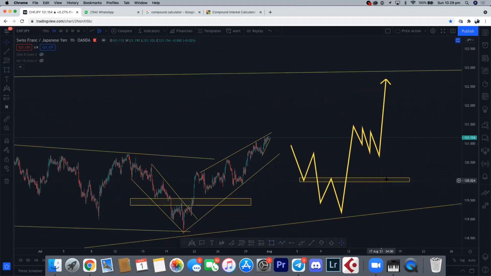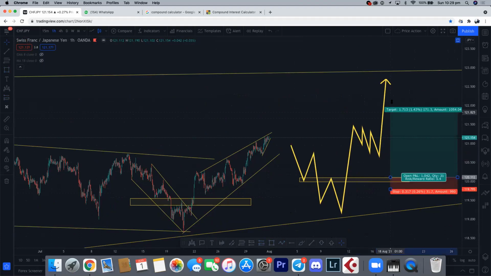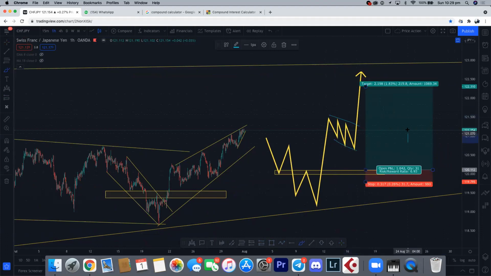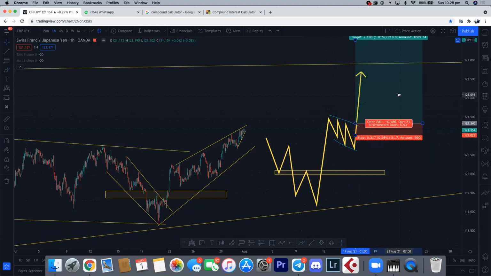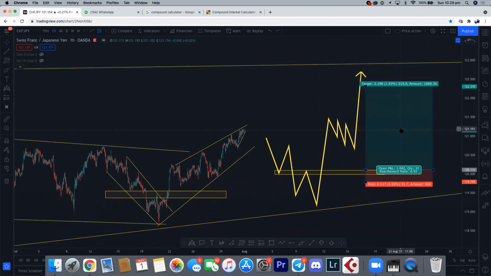His entry will be here. But if price doesn't come to retest this level, it will give us a continuation structure here. Then you enter like this, on the break, the stop loss down there, that's it.